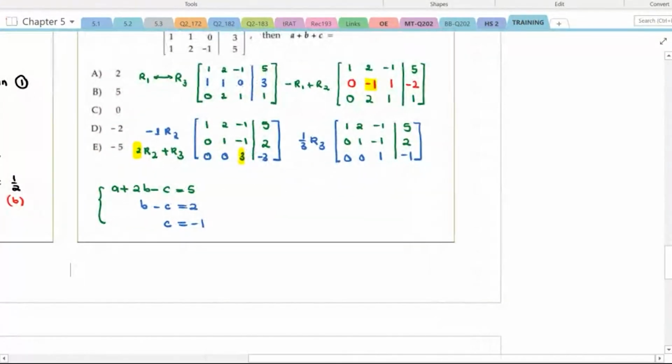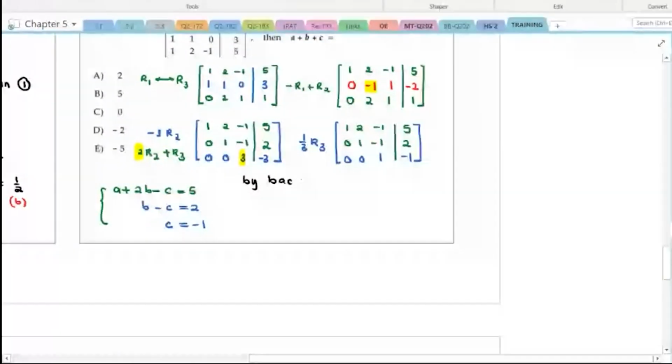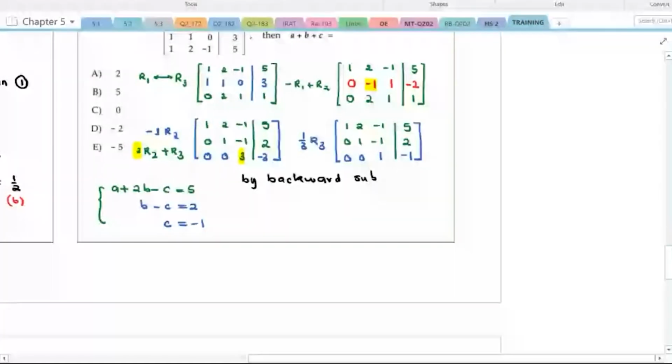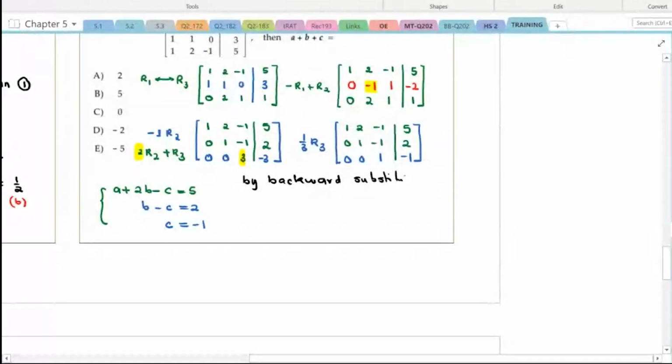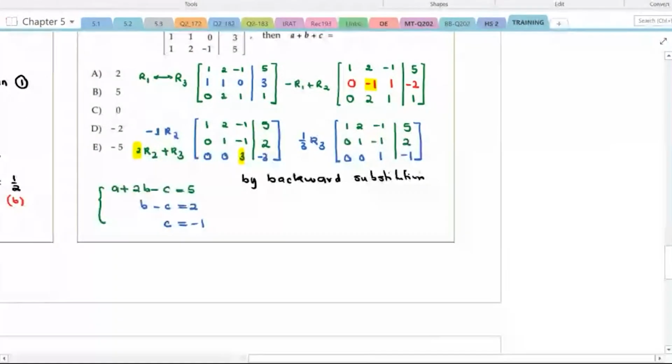By backward substitution, what do we have, gentlemen? We have c already equal to minus 1. So I do not need to worry about c equal to minus 1.